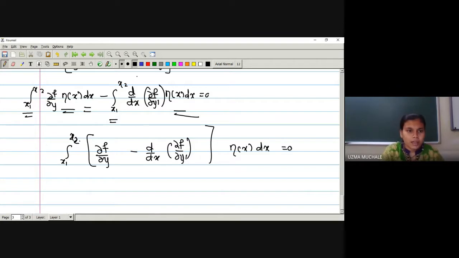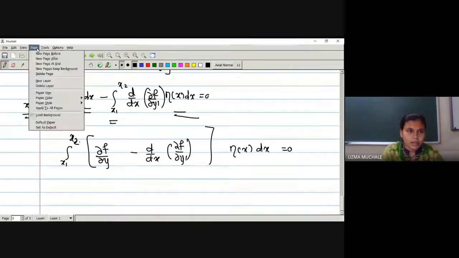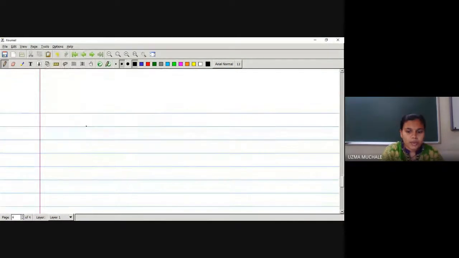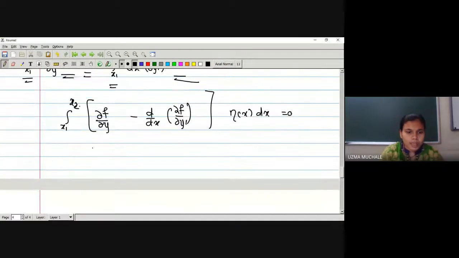And now we have to use the lemma, the basic lemma of calculus of variations. What does the lemma tell us? The value of the integration x1 to x2 of g(x) η(x), where g(x) is any particular function in the interval, is equal to 0 for the function η, with η(x1) equal to η(x2) equal to 0.